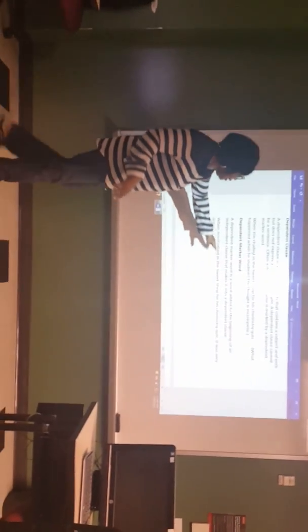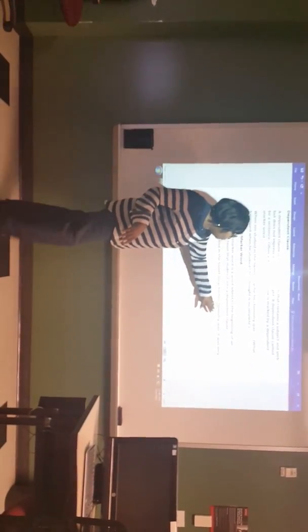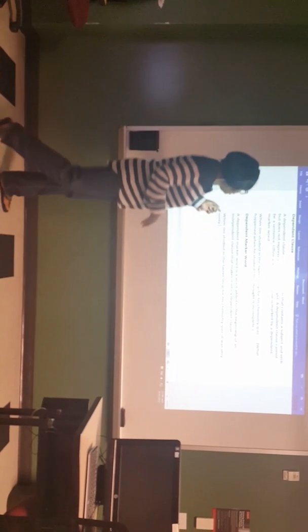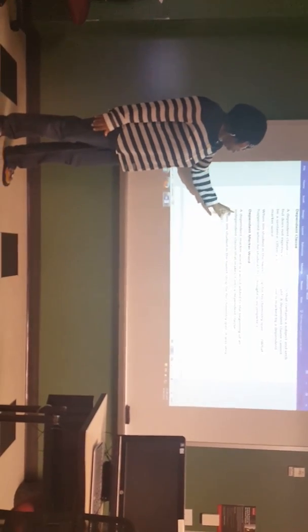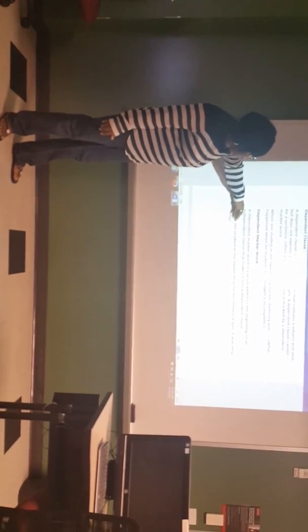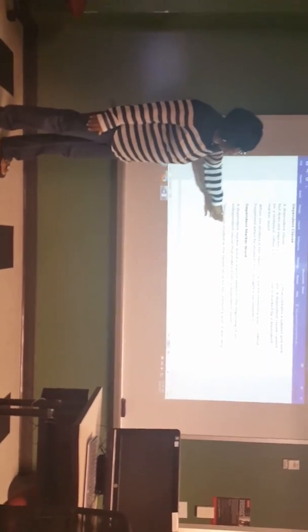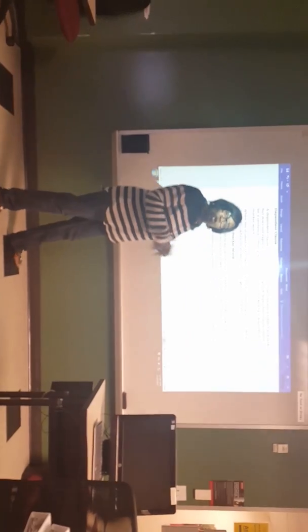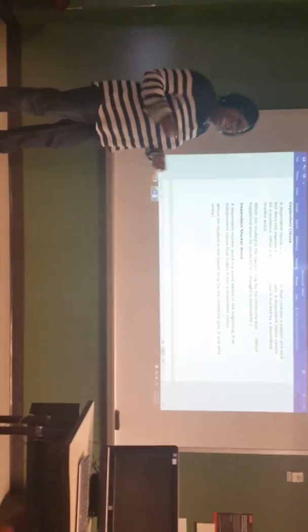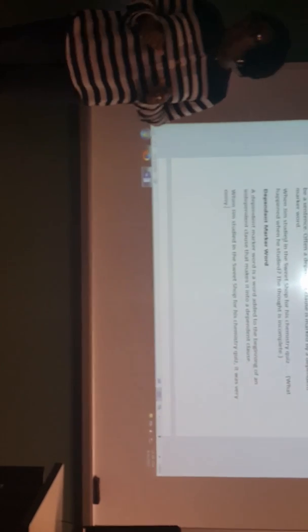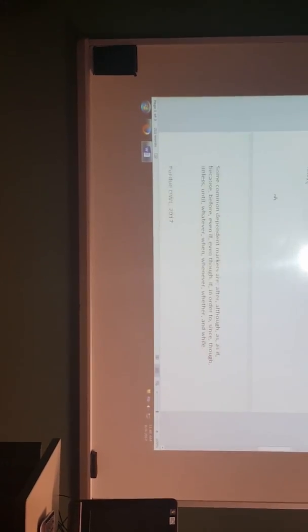When Jim studied in the sweet shop for his chemistry quiz, it was very noisy. If you leave out when, then you have Jim studied in the sweet shop for his chemistry quiz. So you're going from independent to dependent by adding a subordinating conjunction to the front of that independent clause.